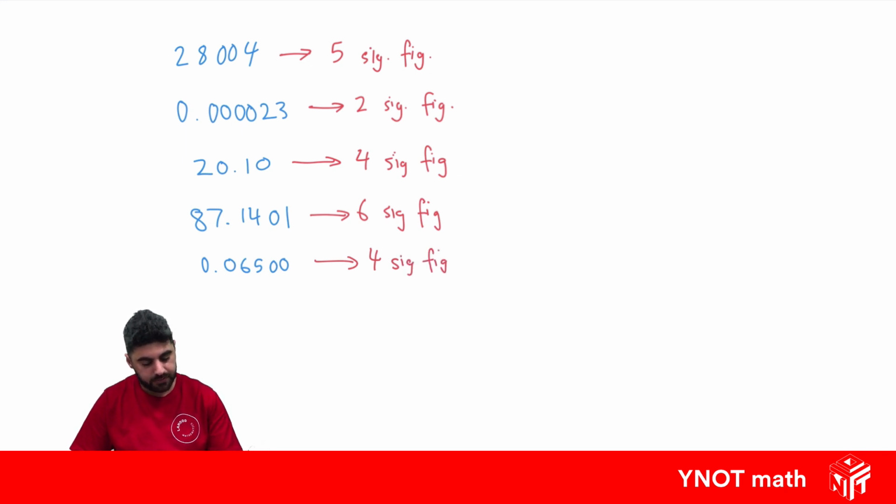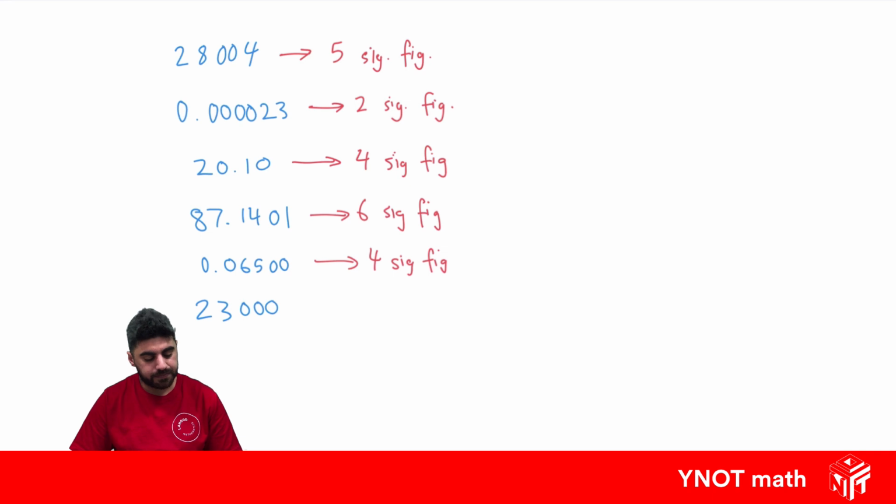Let's look at a tricky one. 23,000. This one's tricky because we're going from our first non-zero, which is the 2, but trailing zeros that aren't decimals like this one can either be significant or not significant.